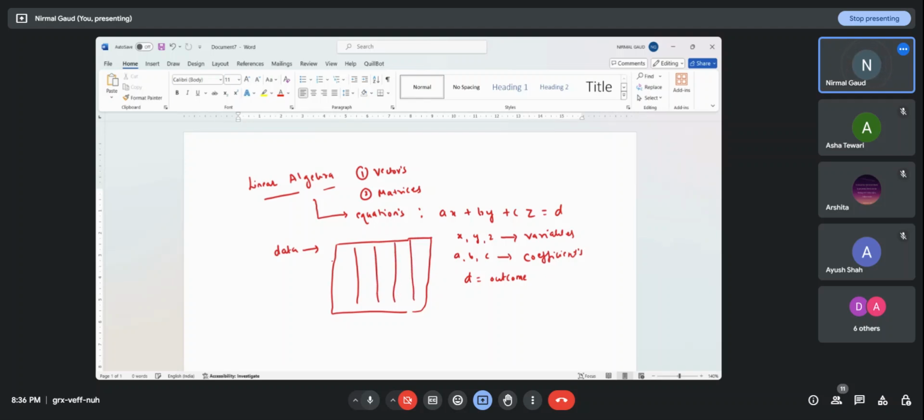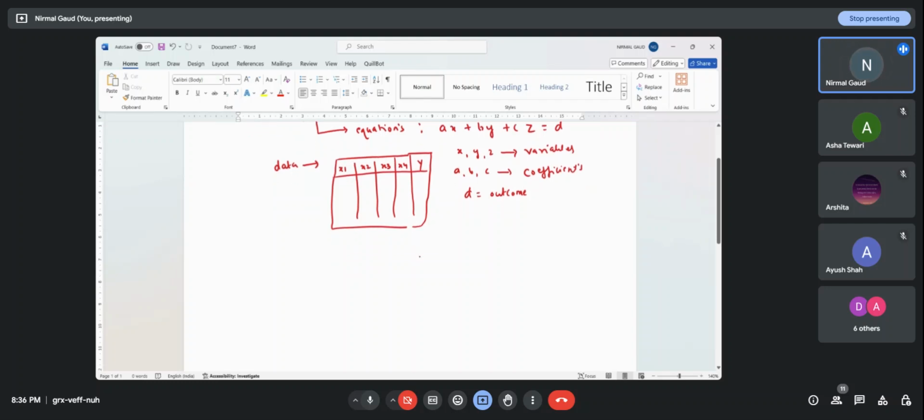We can say these features or these columns are x1, x2, x3, x4, and y is a target. So I want to draw a relationship between these independent variables and this dependent variable.